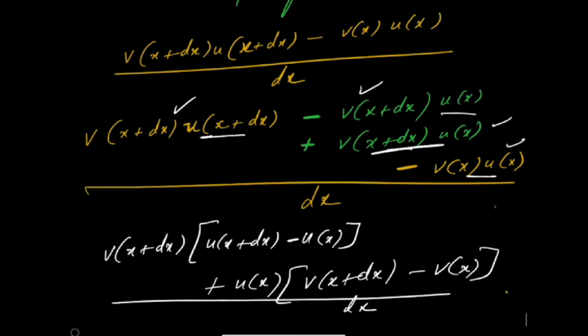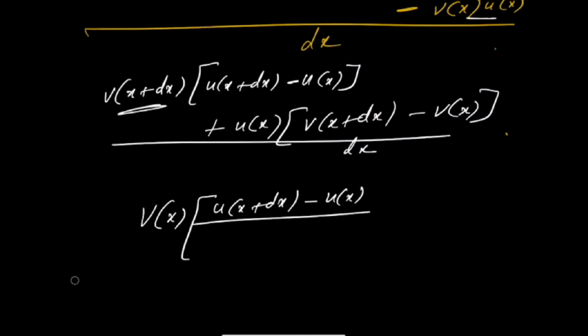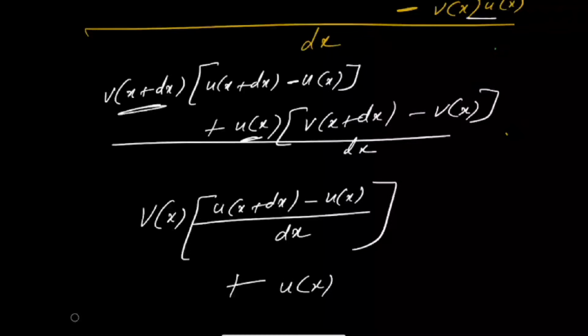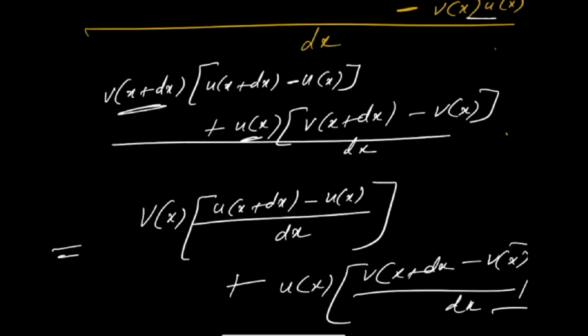So overall, this v of x plus dx is almost v of x because dx is small, into u of x plus dx minus u of x by dx, plus here if you take u of x, what will remain? v of x plus dx minus v of x by dx here again, correct? So overall you got this. What did you get?